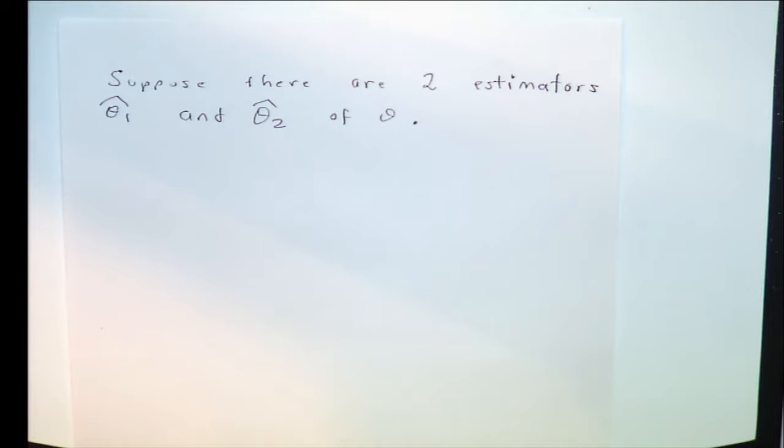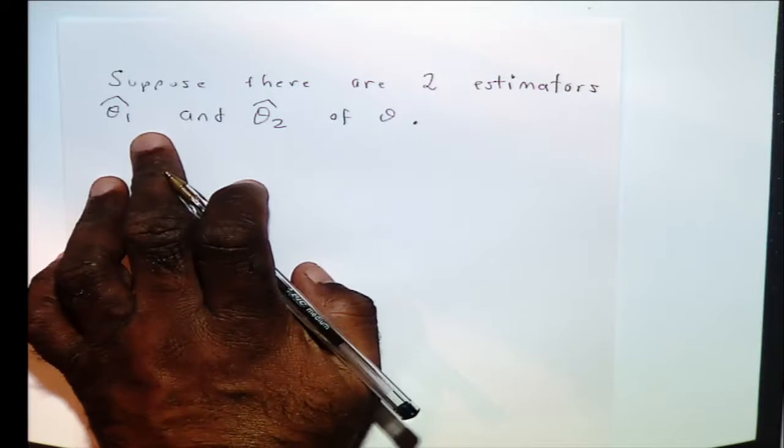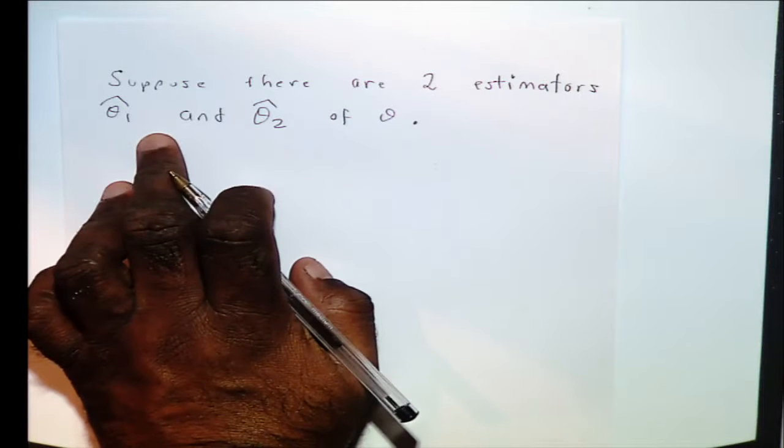Suppose you have two estimators, say theta 1 hat and theta 2 hat of theta, and you want to choose between them. This is a typical question I normally ask in the exam.